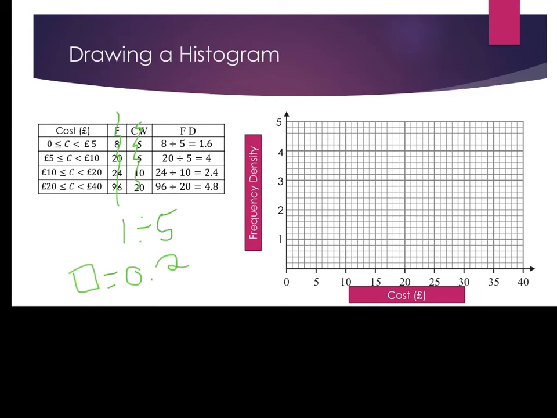So our first one is going to be plotted between 0 and 5. So 0 to 5, that's my width, and it's going to go up to 1.6. So we've got 1.2, 1.4, 1.6. So there's my first bar.